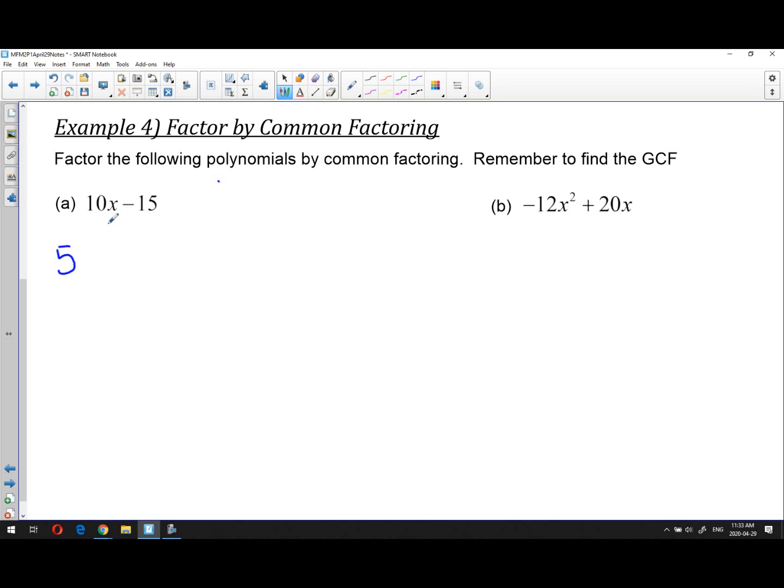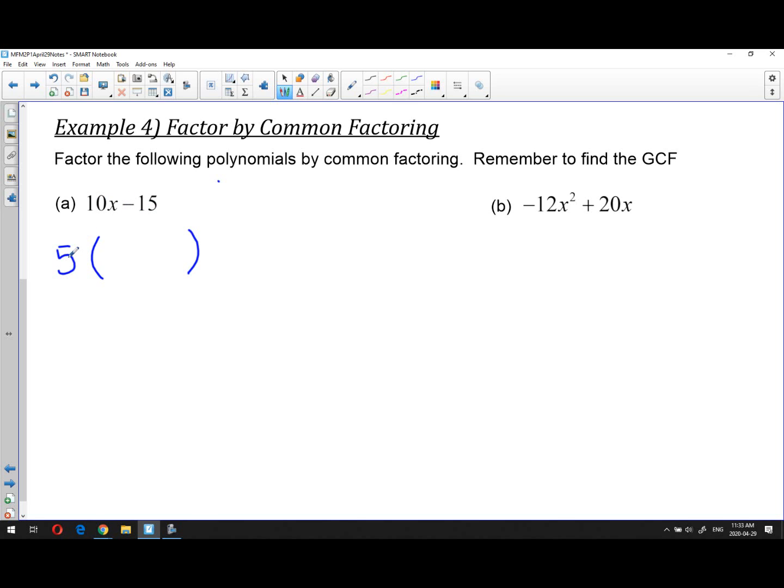Now let's look at the variables. This term has an x, but this one doesn't. So x is not common to both, and the greatest common factor is just 5. We open up a set of brackets. Inside the brackets have to go two terms. To get those two terms, we divide each of these terms by the greatest common factor.